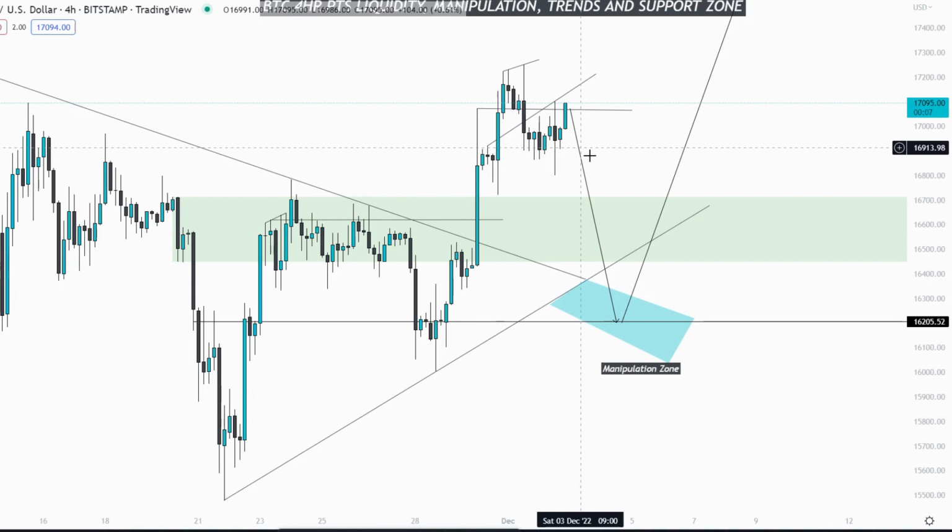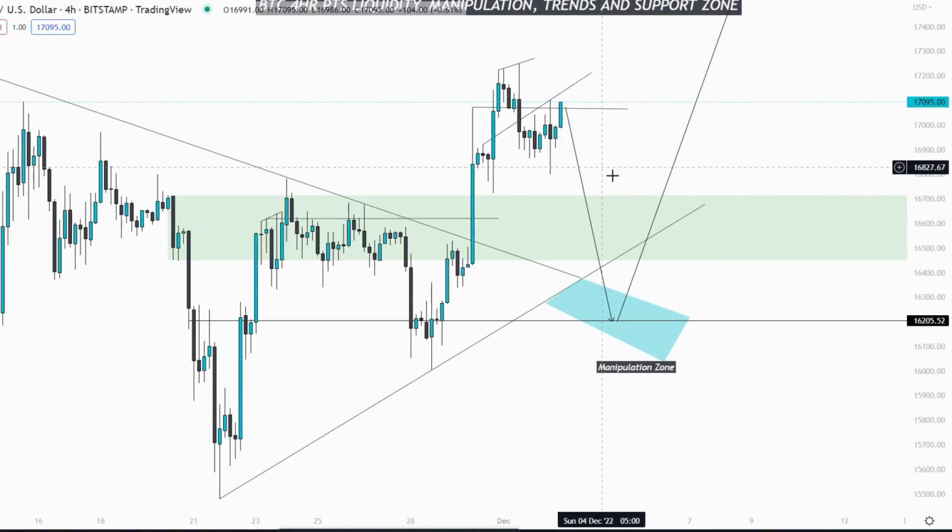But price is stalling out here for some reason, which gives me the inclination that I think we're probably going to end up dropping here. Yeah, look at this, the wick has come up and nearly got filled.